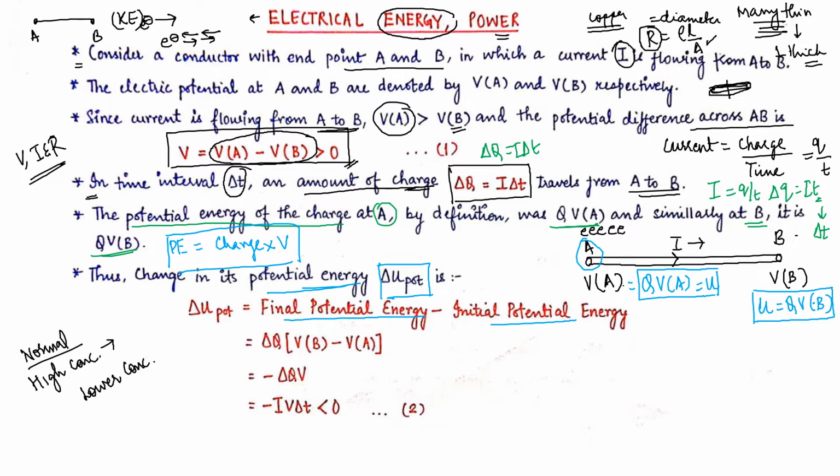Initial is at A. This is the initial point, from here all the charges start, and this is the final point, here all the charges come and get dumped. So del U equals q V of B minus q V of A. Now if I take the q out, since we are taking the small q, it should be del q. Removing it as common, it will give us V of B minus V of A.